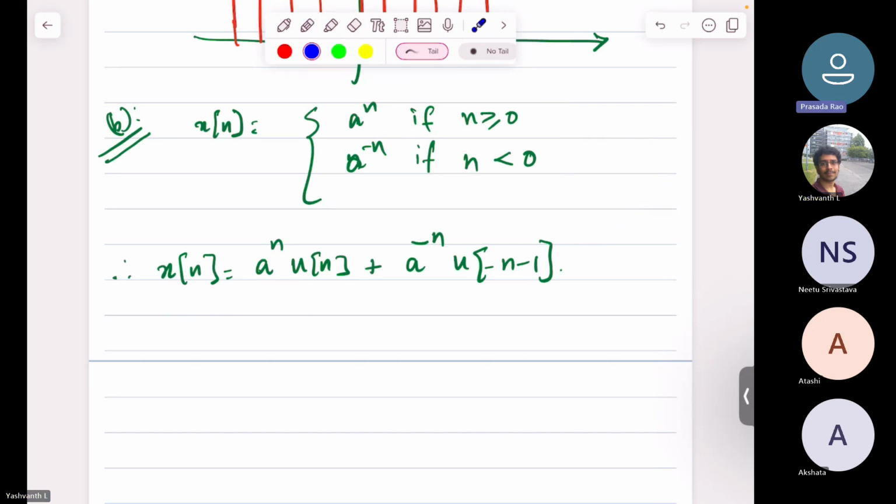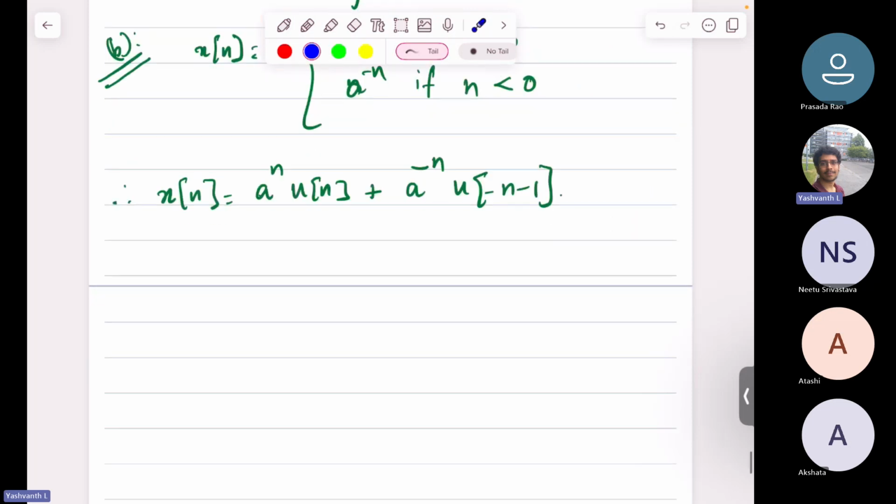Okay. Clear. So then basically I need to find X of z for this expression. Call this x1 of n and call this x2 of n.